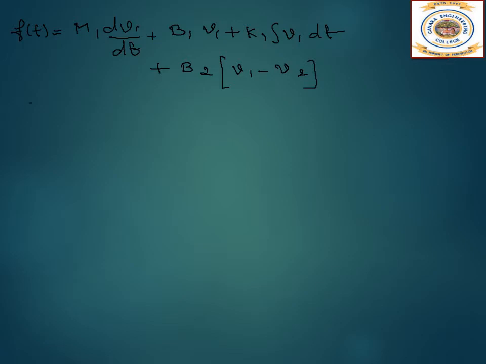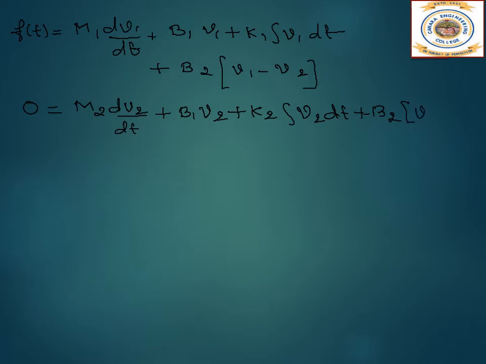Then second equation for node x2, 0 equal to M2 d square x2 by dt square, so this is dv2 by dt, plus B1 into v2, plus K2 into integral v2 dt, plus then we have B2 into v2 minus v1.